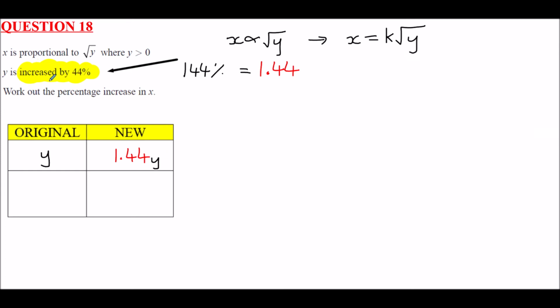It's been increased by the 44%, which as a decimal multiplier is 1.44. That will then cause a corresponding increase in x. So x used to be k times root y, whereas now, with this new increased y, x will now equal k times root 1.44y.